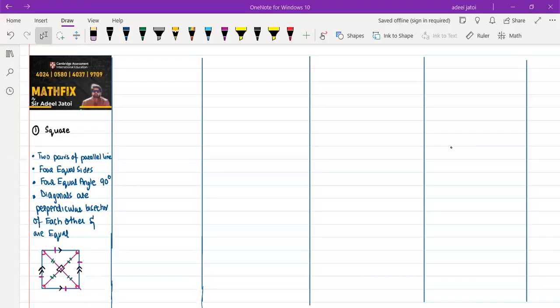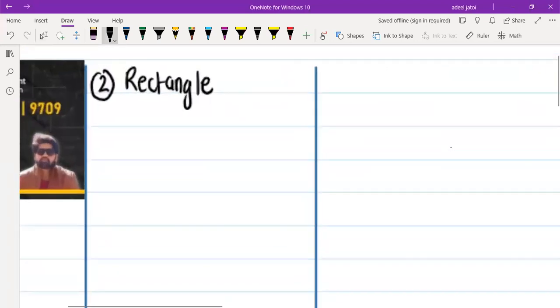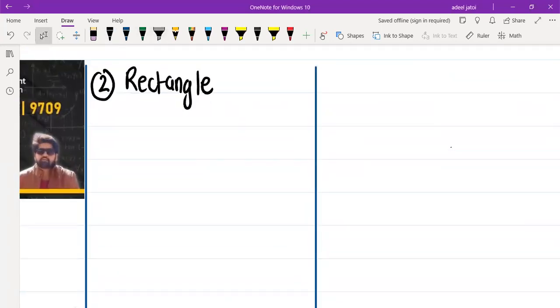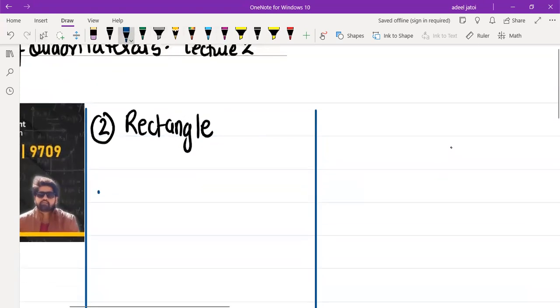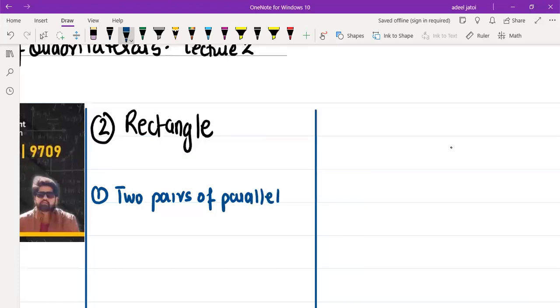Now moving to the second shape, rectangle. Let's say number one, two pairs of parallel sides.